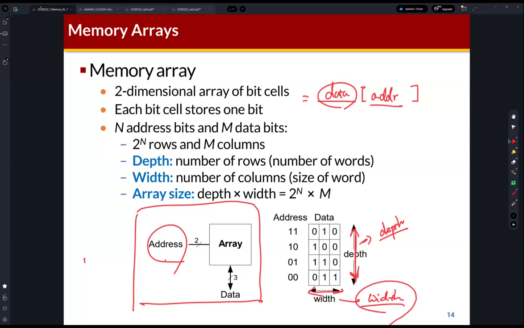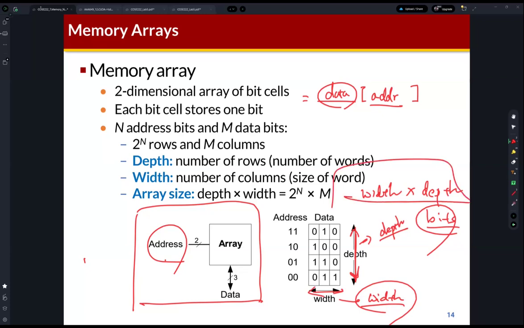This memory can store width multiplied by depth bits. But we frequently use bytes, not bits, so we can represent the width in bytes. Using this equation, we can calculate the size of memory.